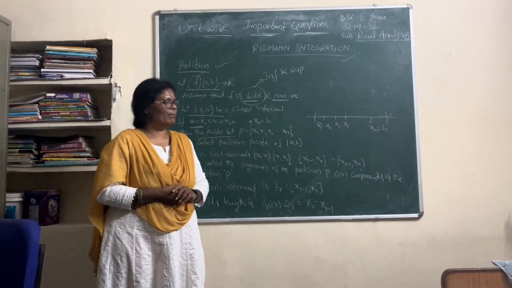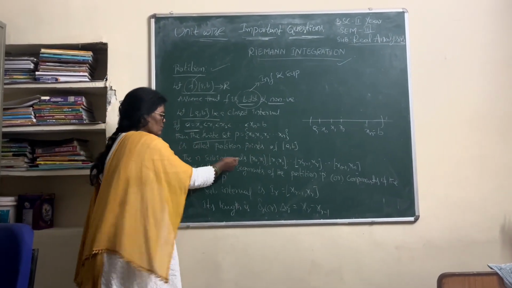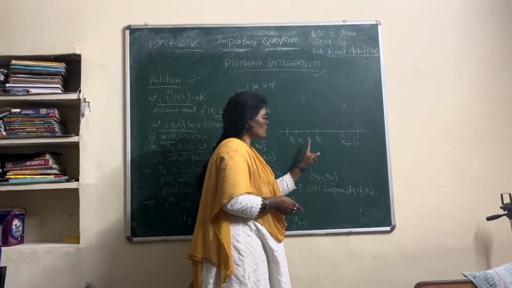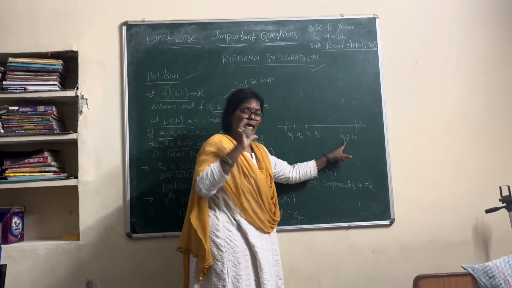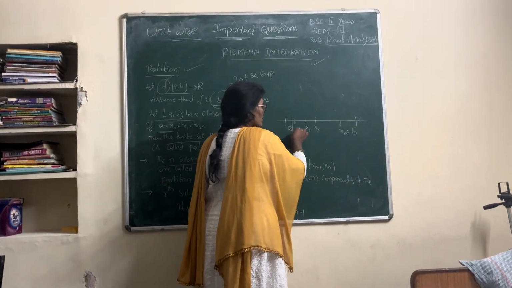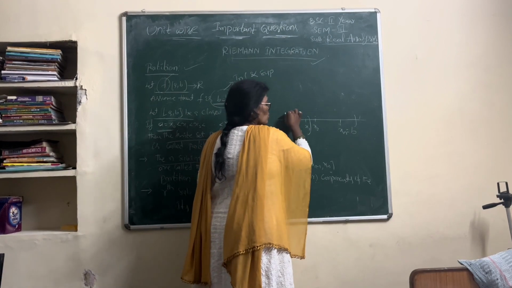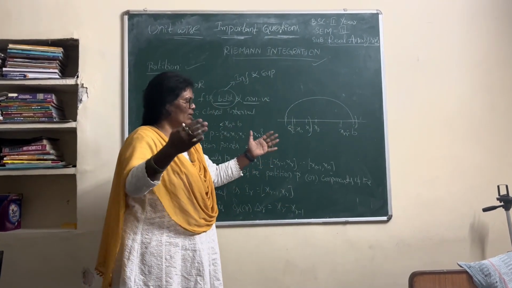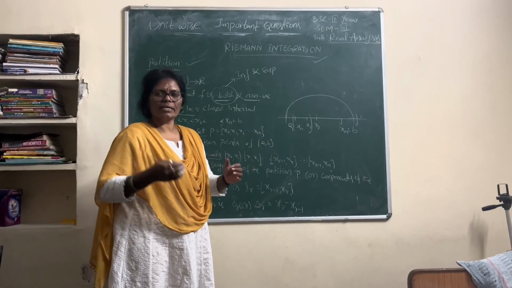[a, b]. Okay, and n subintervals are there. So here we have x0, x1, x2, so on xn. Because [a, b] is a closed interval, in between a and b we have x0, x1, some finite number of elements.